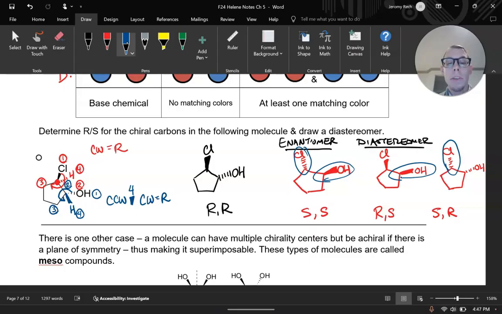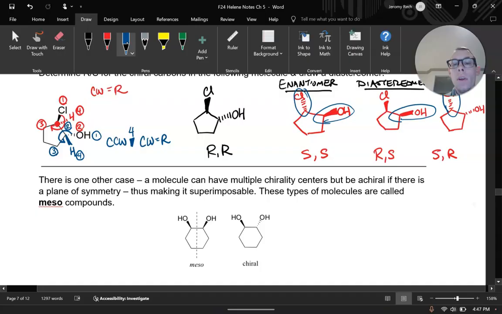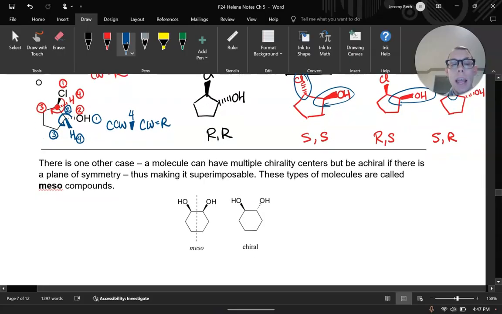There is one special case where you can have a molecule that has chiral centers where you'd be able to write out R's and S's, but overall it is not chiral. And that is going to occur when there is a plane of symmetry, so there is a mirror image that exists within that molecule.